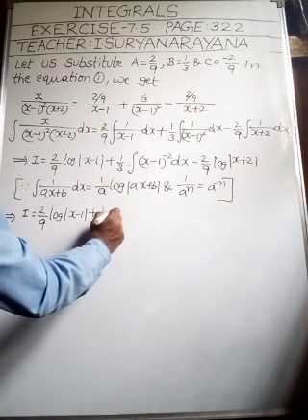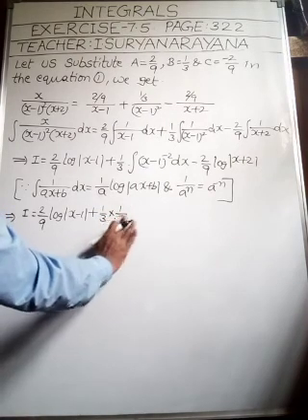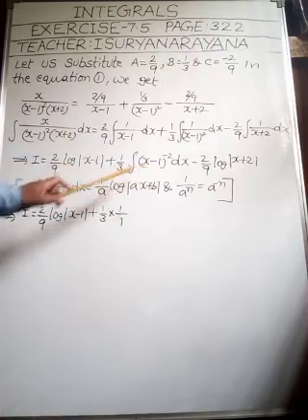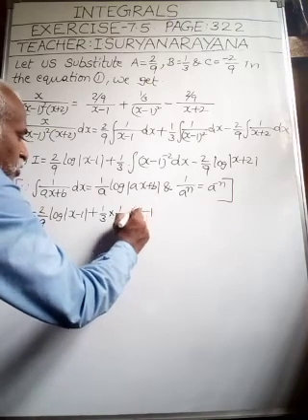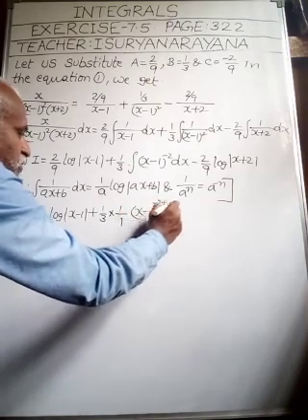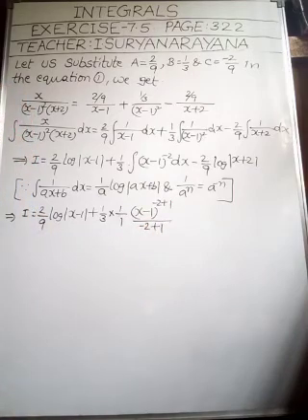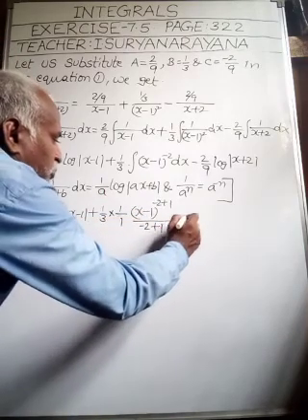Here a means coefficient of x. 1 by a into x minus 1 whole to the power of minus 2 plus 1 by minus 2 plus 1. Okay, my children, integral x to the power of n formula.